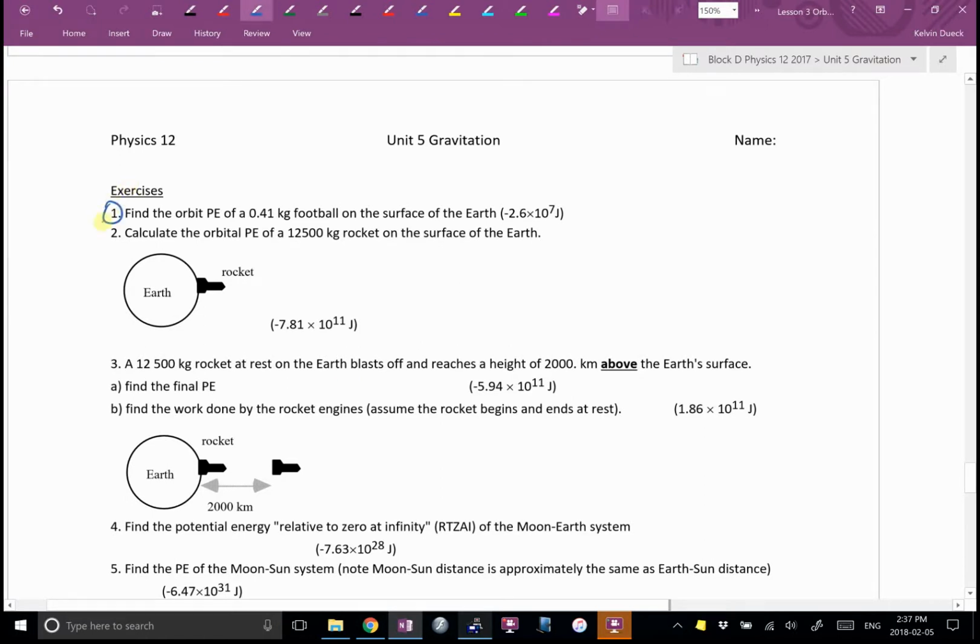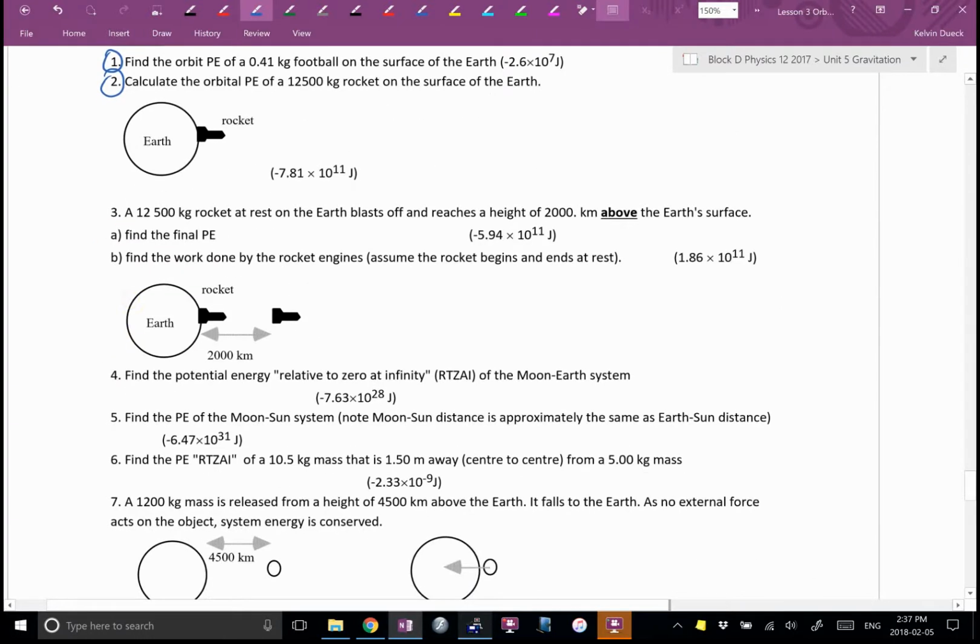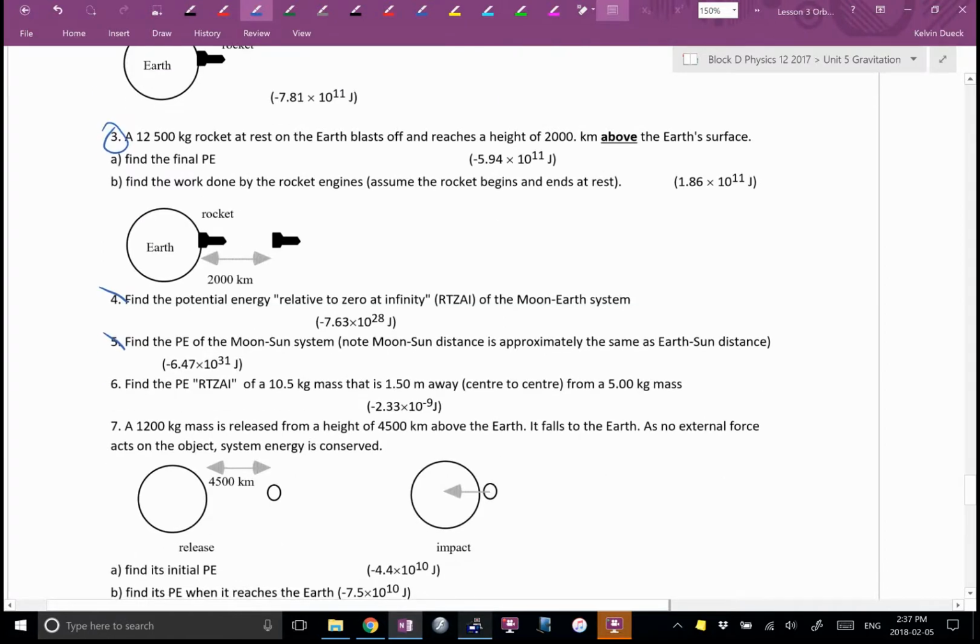Number 1 is fair game. Number 2 is fair game. Number 3 is fair game. You can cross out number 4. You cross out number 5. And cross out number 6.